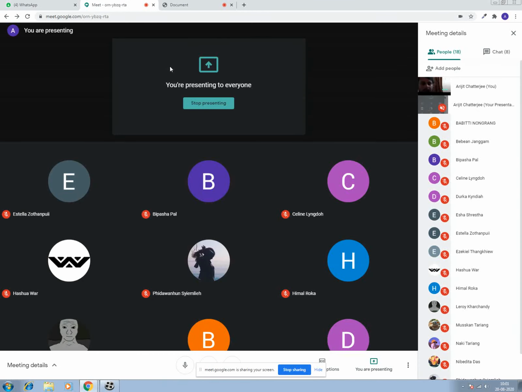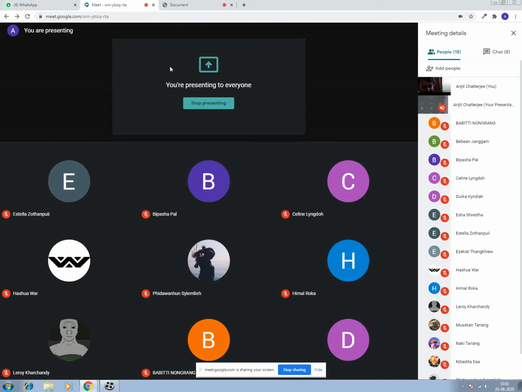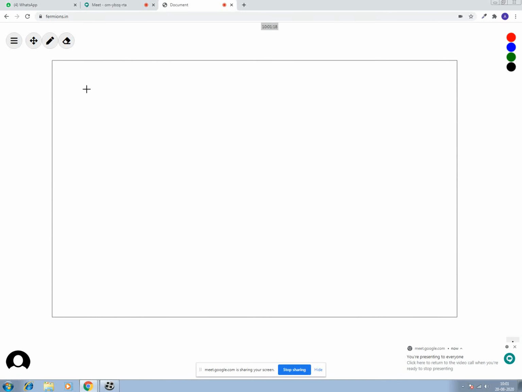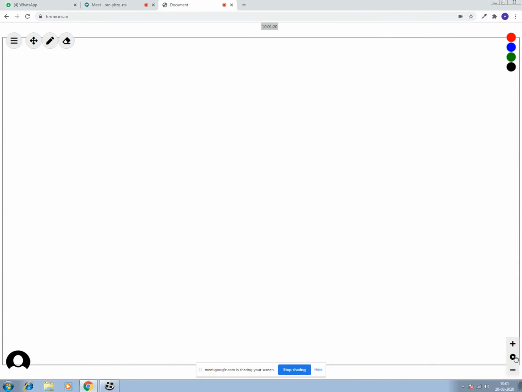So we can write this as Newton per coulomb meter square. Got it? This is the unit of electric flux. Clear?